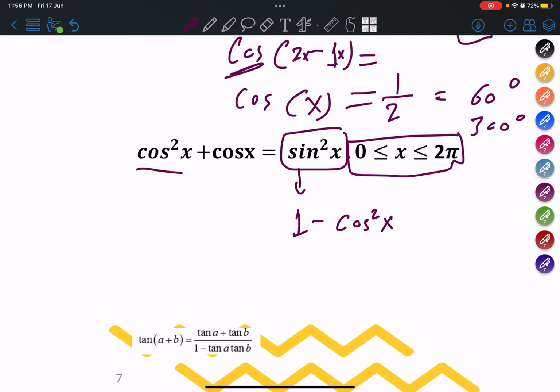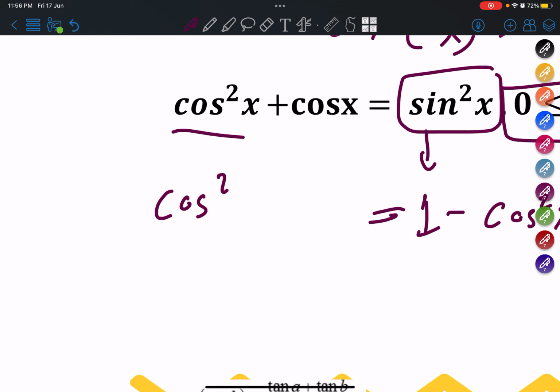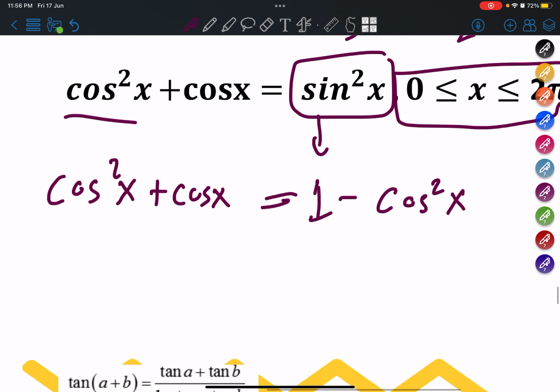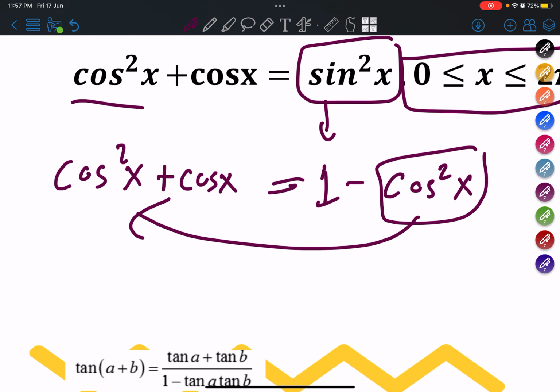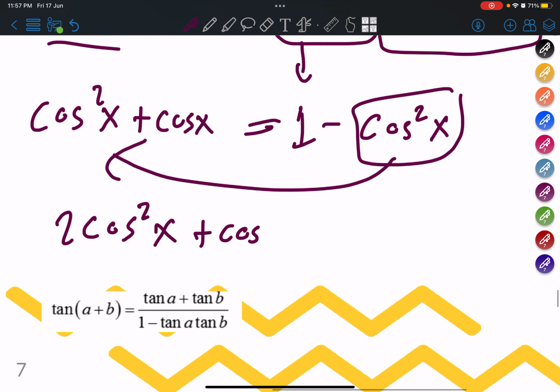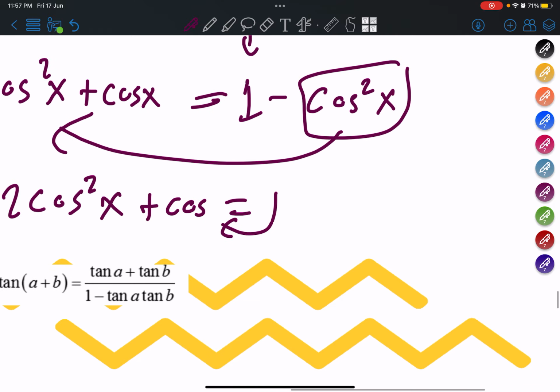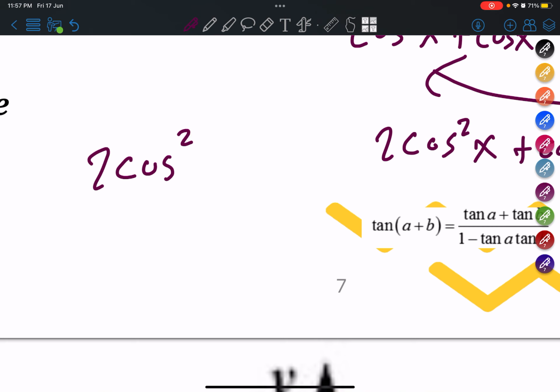So this should equal cosine square x plus cosine x, and then if we convert negative cosine square x to the other side, it'll give us 2 cosine square x plus cosine x, which is equal to 1. Again, convert 1 to the other side, we'll get the final formula, which is 2 cosine square x plus cosine x minus 1, which is equal to 0.